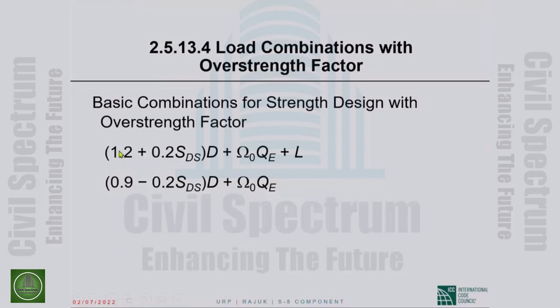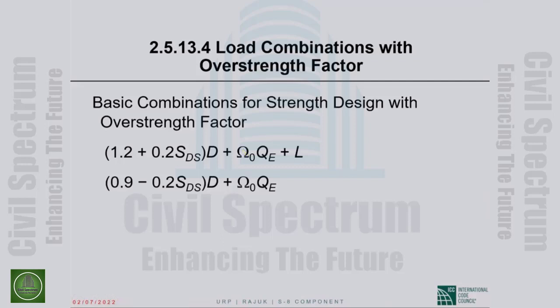Okay. So this is the same as the regular load combinations, except here we have omega sub 0 rather than rho, the redundancy factor. The redundancy factor, you remember, is 1 or 1.3 if your seismic design category is D, E, or F. Omega sub 0, on the other hand, is given in the R values table.